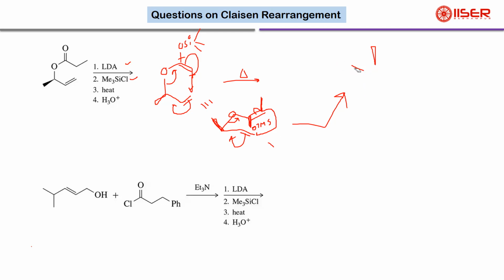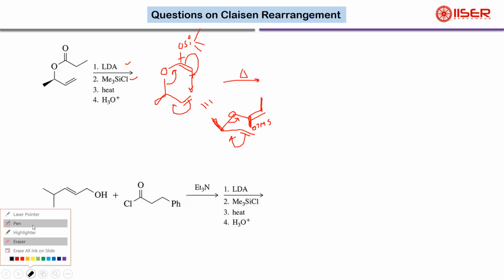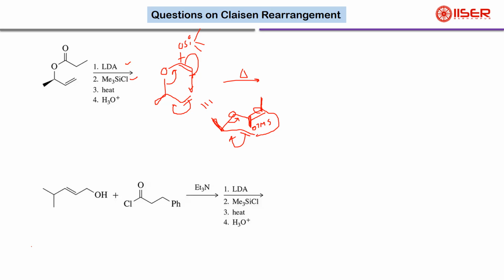Let's go step by step. So this goes here and this attacks this place, so it will form a new double bond here, and the methyl group is along this side.